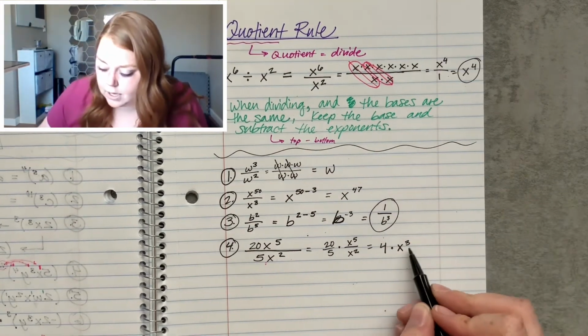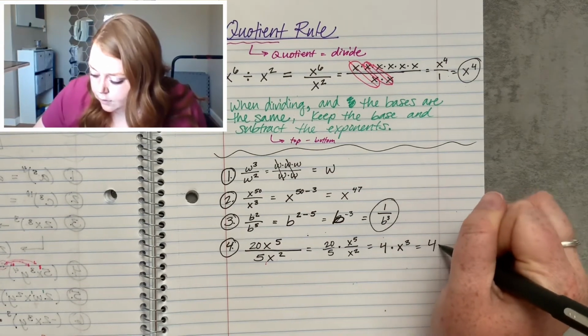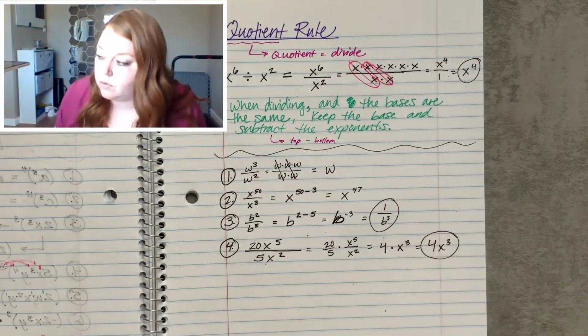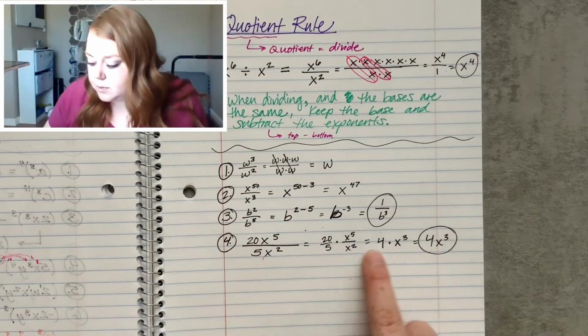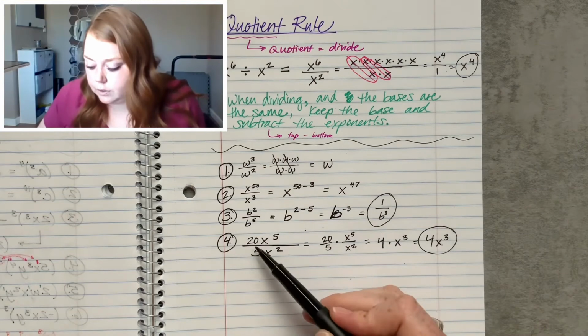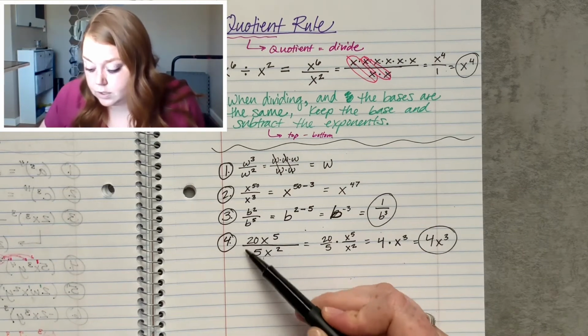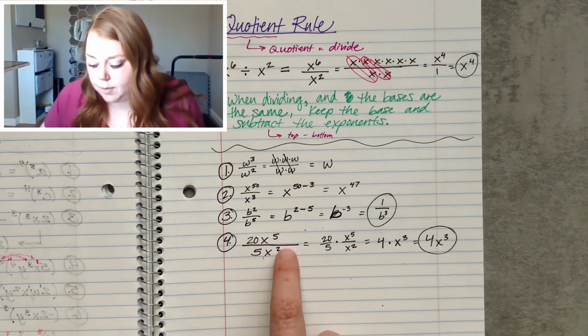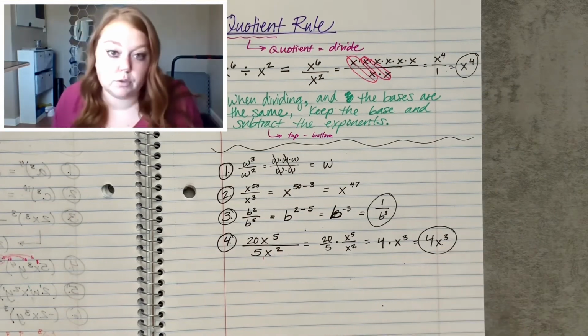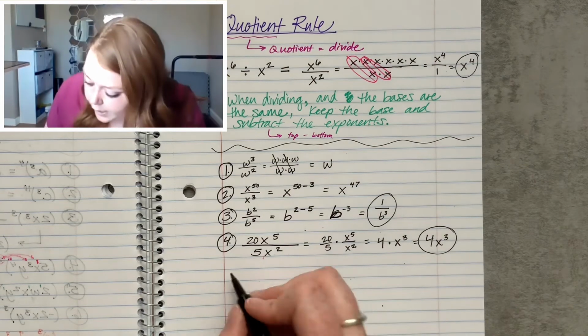So 4 times x cubed. That's my final answer. These in-between steps, you don't have to do them every time, you would just know in your head, 20 divided by 5 is 4, x to the 5th over x squared, 5 minus 2 is 3, so it'd be x cubed. That's what I do.